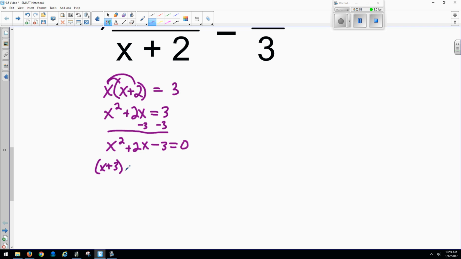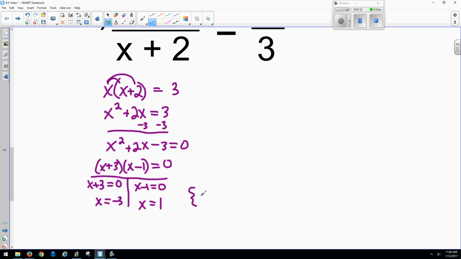The factors would be (x plus 3) times (x minus 1). I'm going to set each factor equal to 0. And so we get x equals negative 3 and x equals 1. That's our solution. I'm going to put it in a solution set because both of these values are part of the solution.